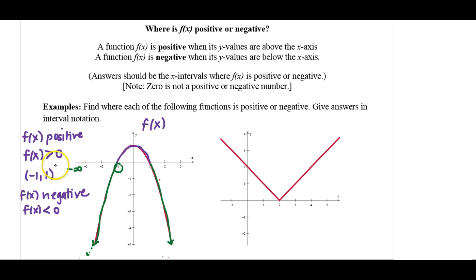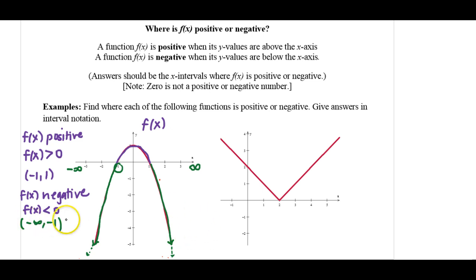So all the way from -infinity to -1 is where my graph is negative, or below the x-axis, and again I want open parentheses around -1 because I want to know when I'm strictly below the x-axis, not equal to it. And then from 1 to infinity, because this graph goes down forever, but it also is opening wide and going right forever.